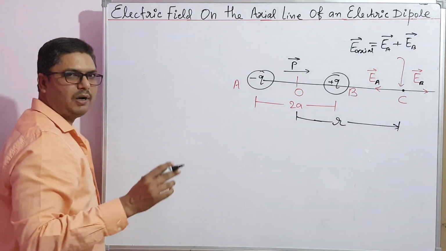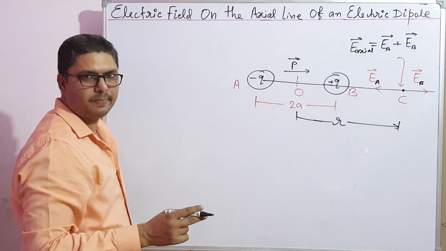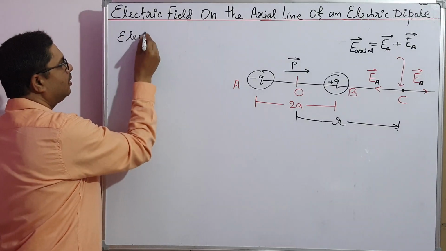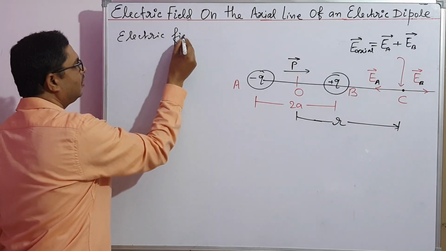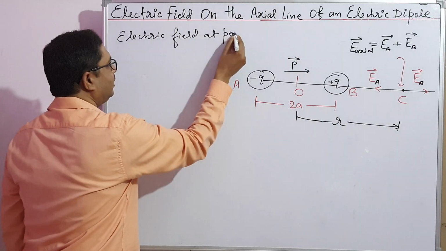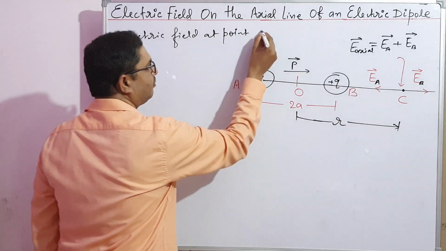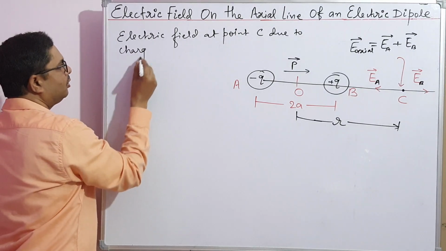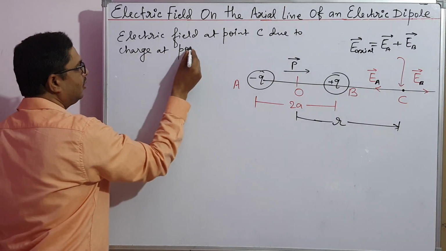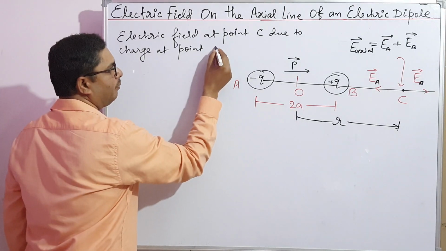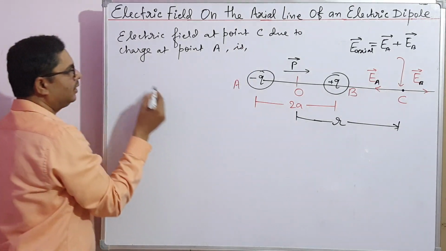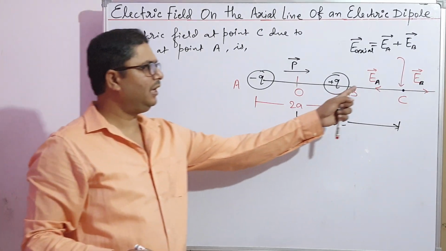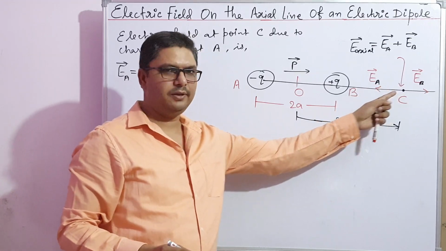Now let us see what is the electric field at point C due to charge at point A. E A is the electric field at point C, which we have to determine.